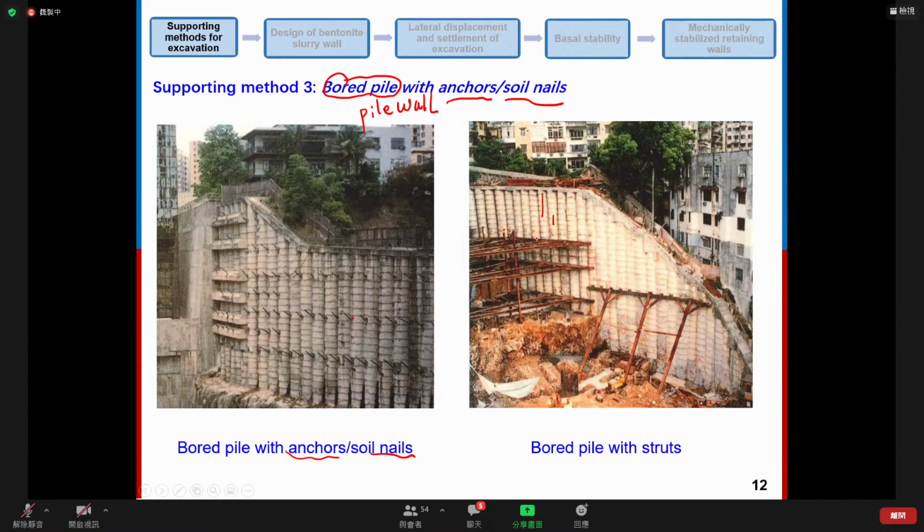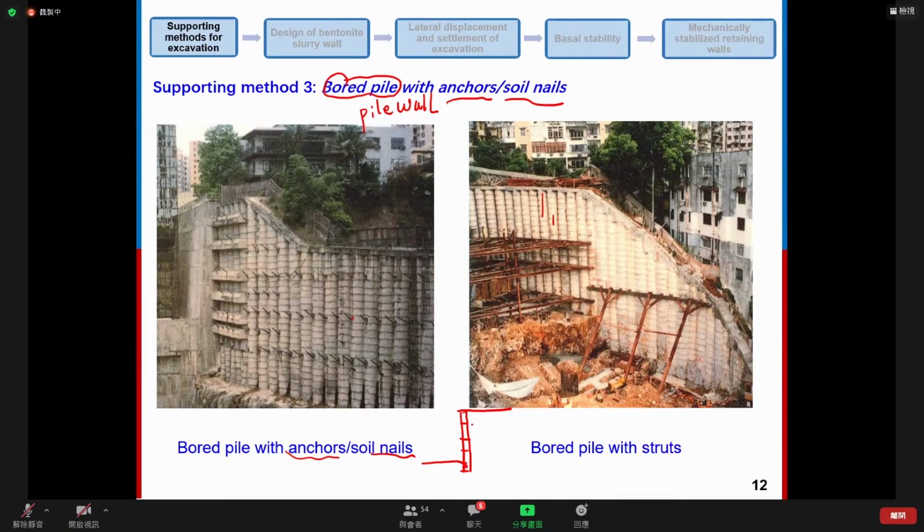The answer is that it's actually not very common to use bored piles with soil nails together, but we do have a few cases. The main reason is, for example, let me draw a cross section of the excavation. So this is the excavation, and we have the bored pile.